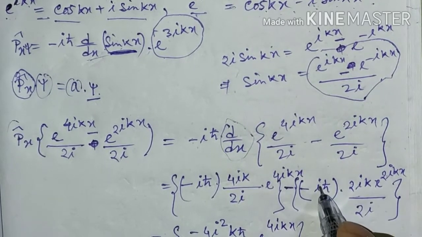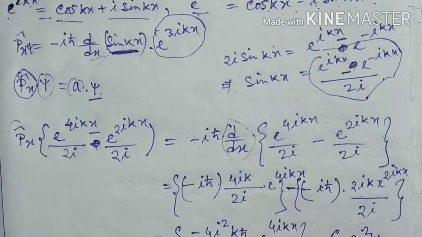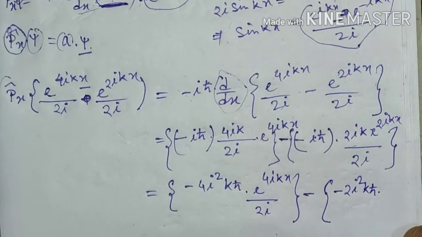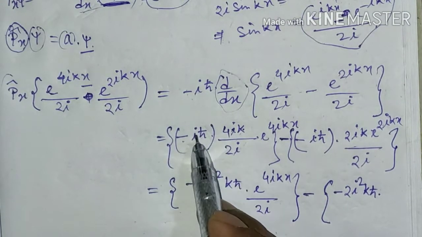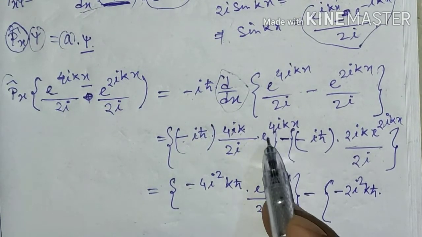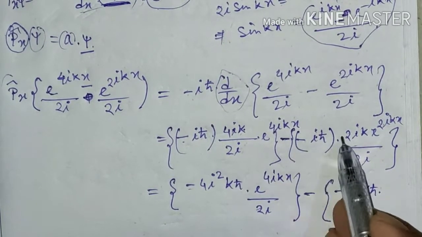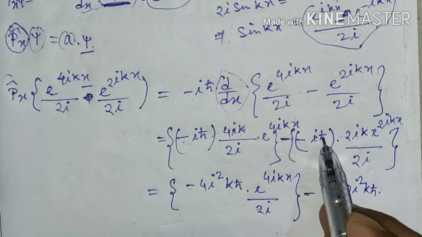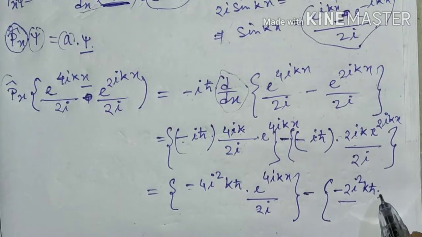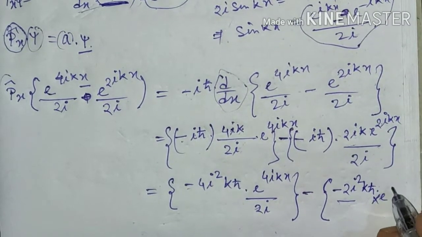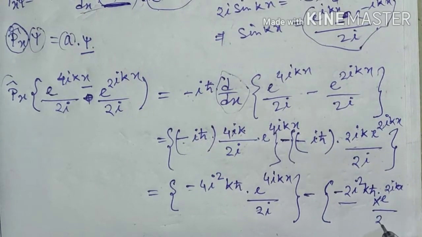Sorry, we are multiplying this term with minus iħ, that is 4i² kħ, minus, into e to the 4ikx divided by 2i. And multiplying this term 2i² kħ, it will be minus, into e to the power 2ikx divided by 2i.